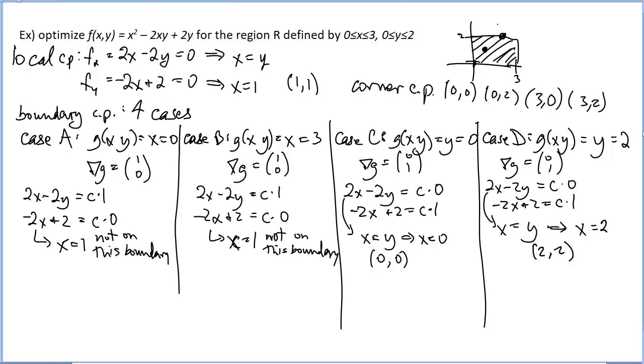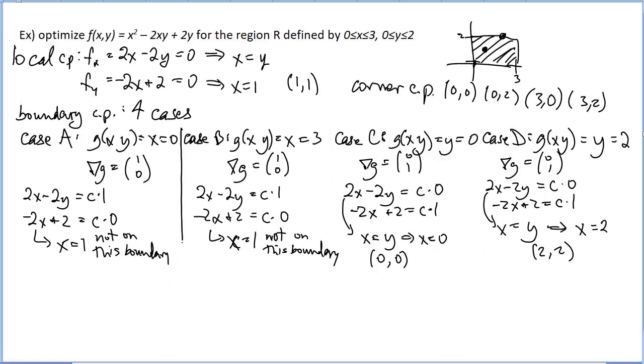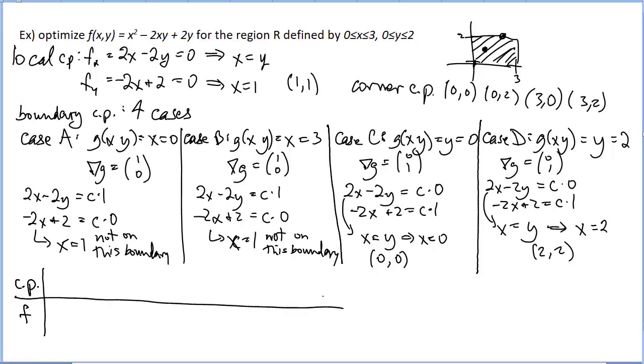So now let's put it all together. I'm going to need to make a little room for myself. Okay, so now we will take critical points and plug them into the function. So we got local critical point, that was 1, 1.